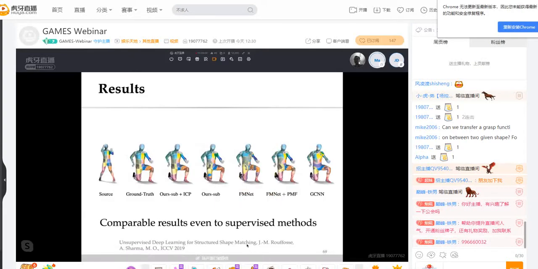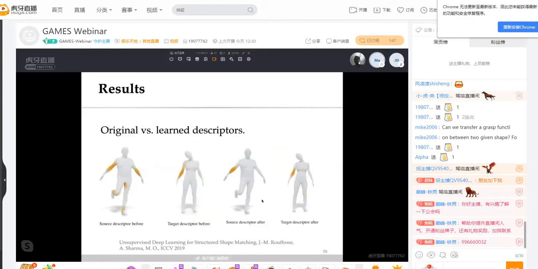This is an example of texture transfer, comparing to different supervised methods. What we wanted to show is that FMNet, which has a very similar architecture, performs significantly worse and is also slower. Just to illustrate what happens, these are the descriptors that we saw before the optimization. These are the short descriptors, and after the optimization, the descriptors look something like this.